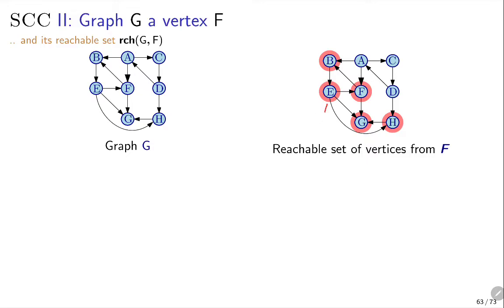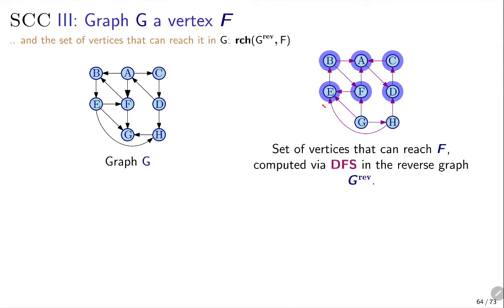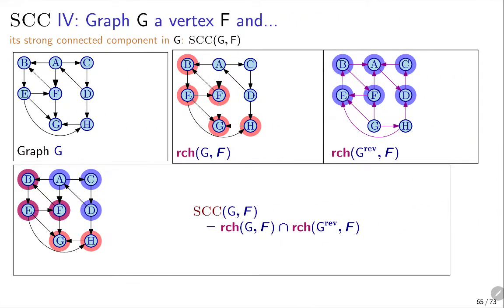This red set is all the vertices reachable from the original vertex. Those are all the vertices that are reachable from B in the reverse graph. And now we just take the intersection of the two sets. We get this purple set, which is indeed the strong connected component of the vertex B, which is what we wanted.